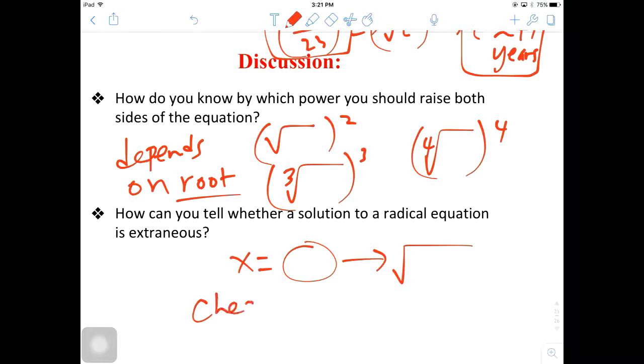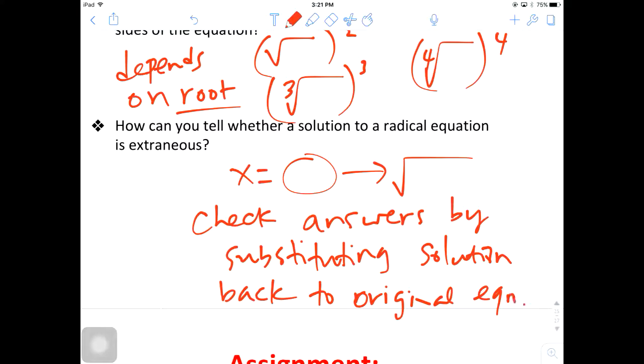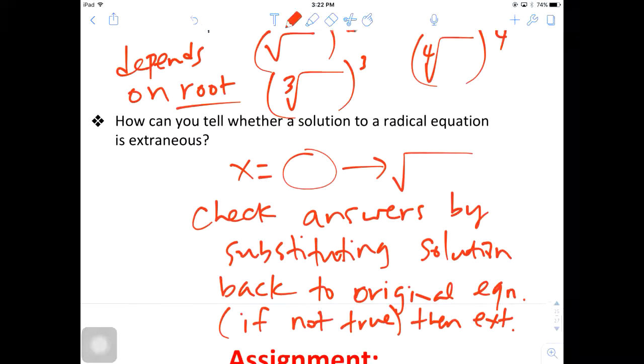So you need to check your answer by substituting your solution back into the original equation. And then if it's not true, then the answer is extraneous. And that's how you can tell.